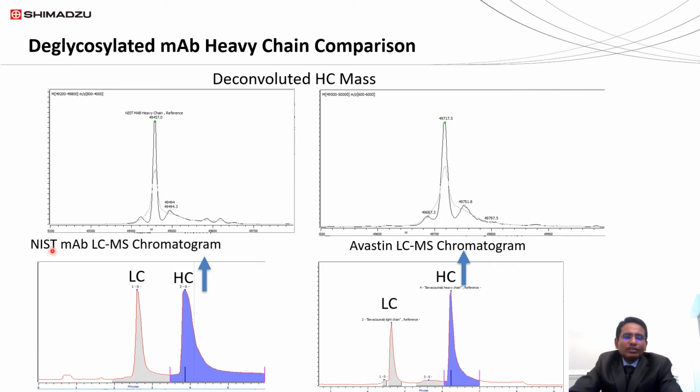You can see on the upper panel the NIST mAb LC chromatogram and on the right side the Avastin LCMS chromatogram. From there you can see the heavy chain and light chain peaks on the bottom, and those two mass spectra are quite different. So that can show which is the therapeutic protein and which is just the normal NIST mAb.